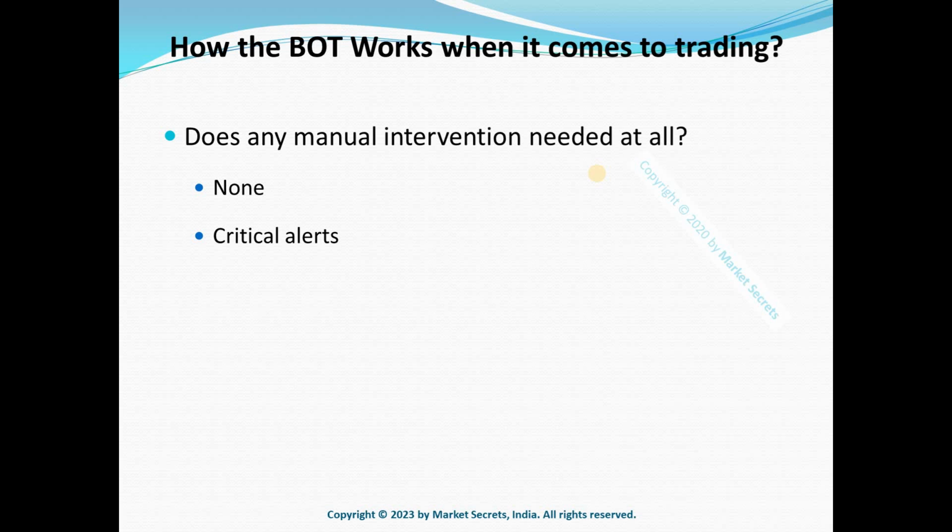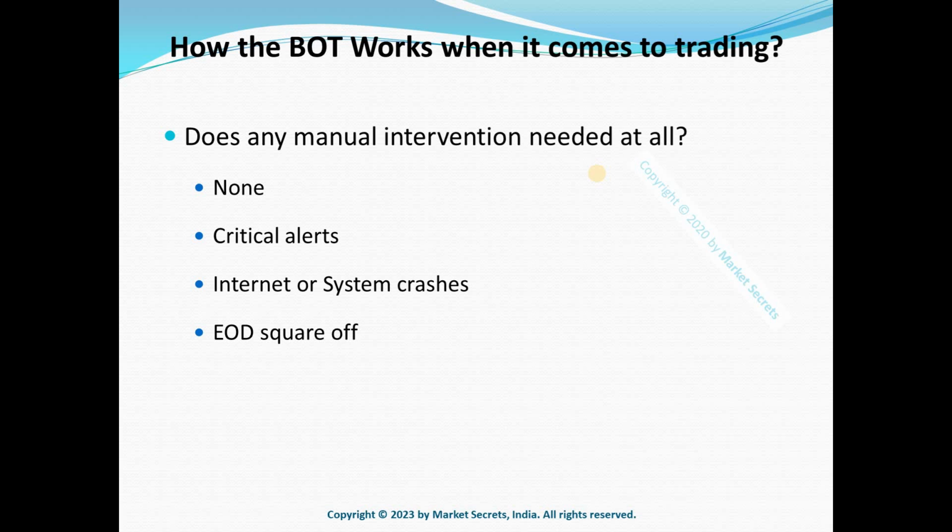In such cases, you may have to pitch in. It might take a minute or so. Only when there is an emergency alert do you need to pitch in. Otherwise, there is no manual intervention at all. For example, scenarios like if your internet is down, or your system is down.